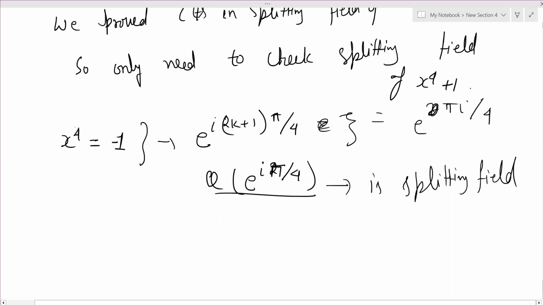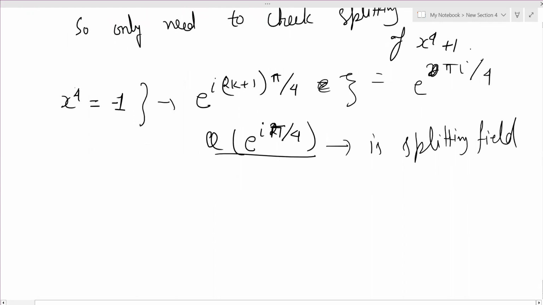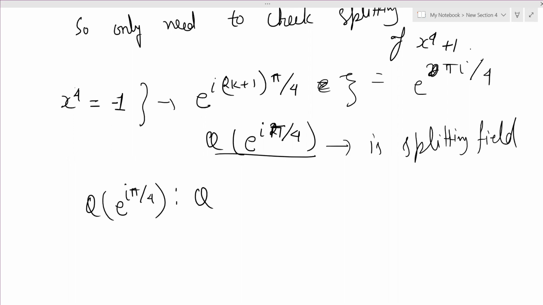You only need to check its degree of extension. Its degree of extension is 4, because this is a root of x to the power 4 plus 1, and we checked that this is the monic irreducible minimal polynomial for it. So the degree of Q(e^(ιπ/4)) over Q is 4.